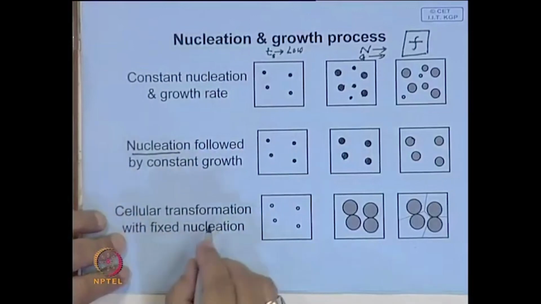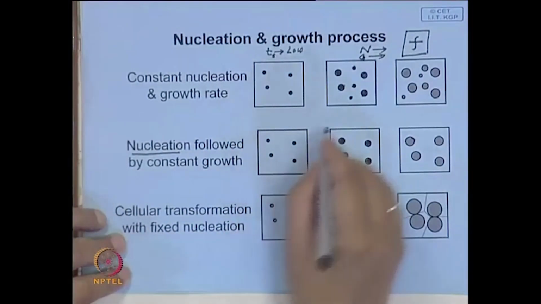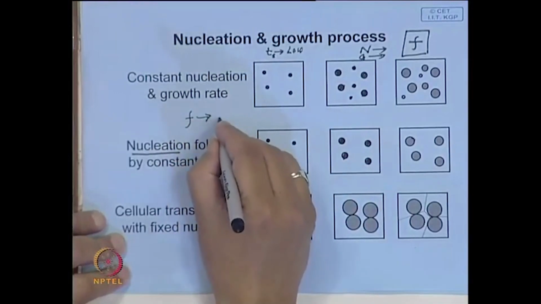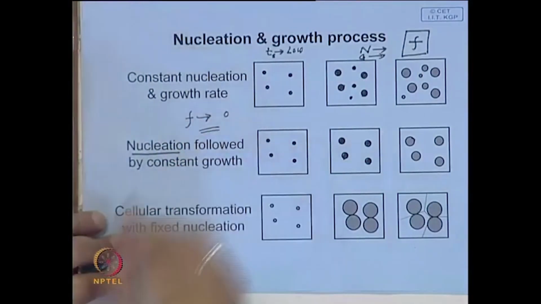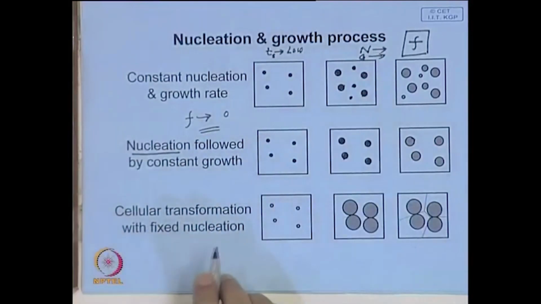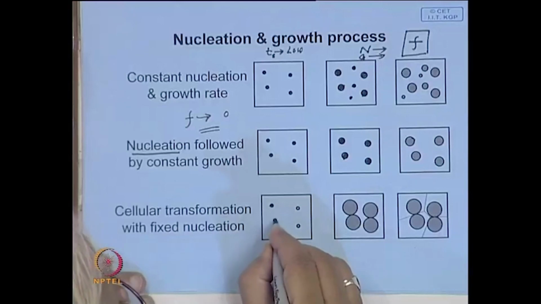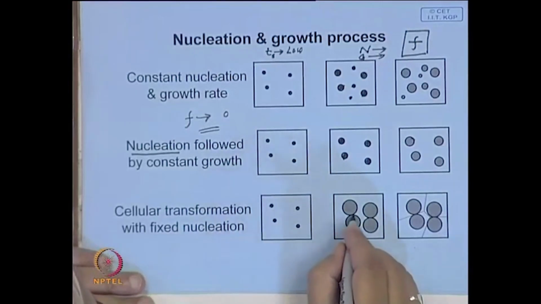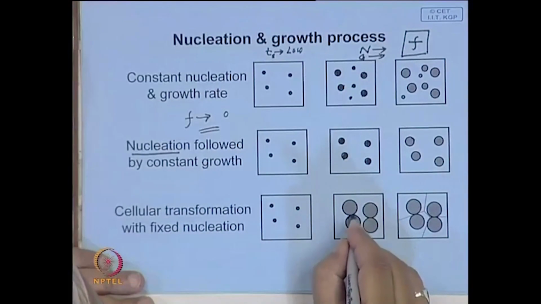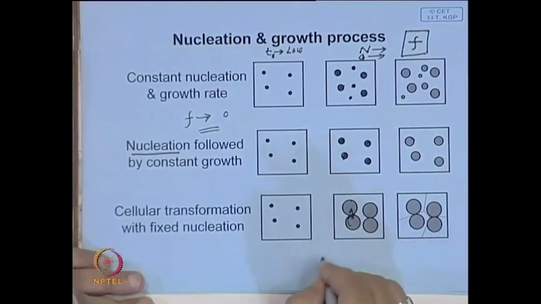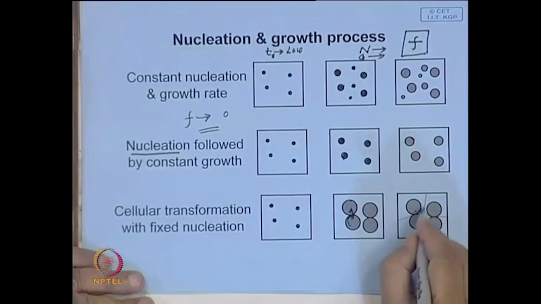Now, another thing can happen as the process continues. When f is very low, when f is nearly equal to 0, the question of impingement does not arise. Here the question of impingement does not arise, but when it keeps growing and has come to grow to this level, then growth in this direction is inhibited, and ultimately this cannot grow.